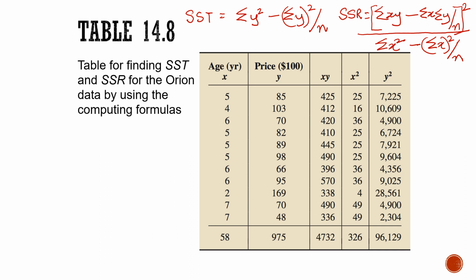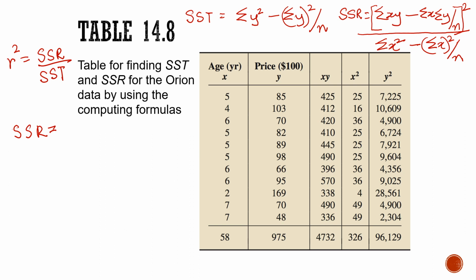So in the denominator for SSR, we have the exact formula as in SST, but the only difference is instead of Y, we have X. We work with X. So now let's apply the formulas to come up with a value for SSR, because the final calculation for R squared is very simple if you know the values of SSR and SST. It's SSR over SST.